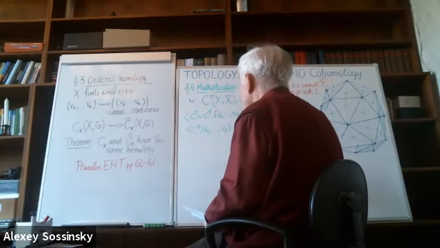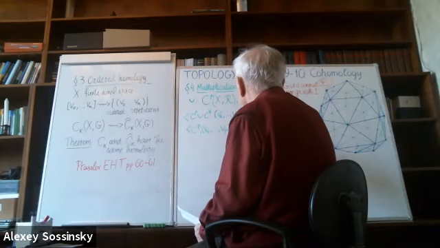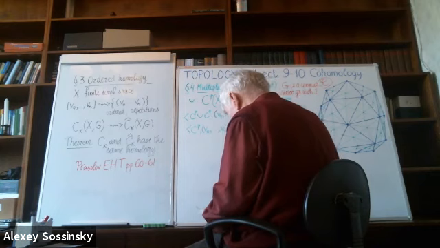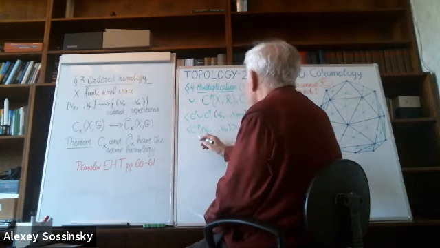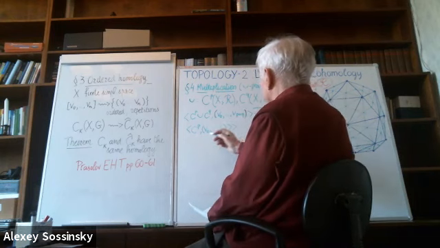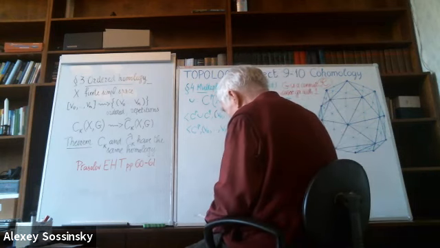We know how to do that, and as the result, we get an element of R, of our ring.